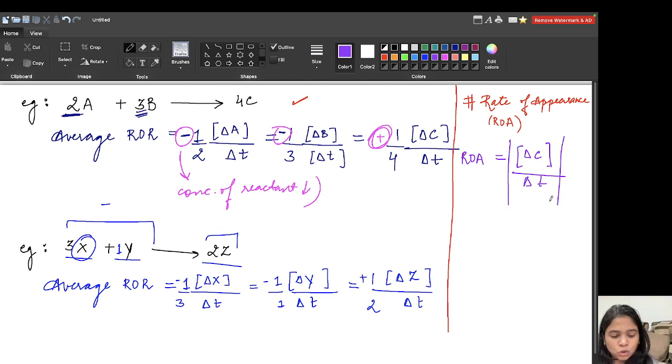There is no role of positive, negative and stoichiometry. This is how you write the rate of appearance. Similarly, you can write the rate of disappearance as well.